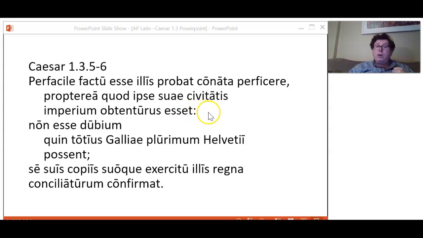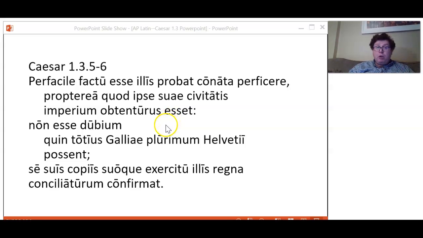Now, I want you to realize that here we have obtenturus esset, because any clause that is subordinated to an indirect statement, such as we had in this clause, is going to need a subjunctive. So that's why we have this obtenturus esset.